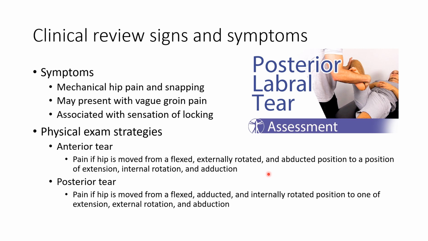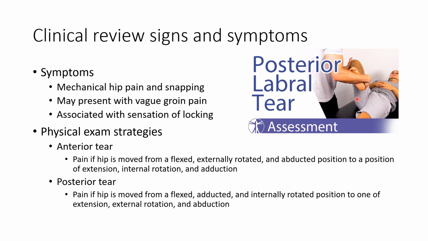If that elicits pain, moving the leg in that direction, that can give you a hint that it's an anterior labral tear. Whereas for a posterior tear, you have the hip flexed, adducted, and internally rotated, and then you extend, externally rotate, and abduct. That gives you a hint that it is possibly a posterior tear.